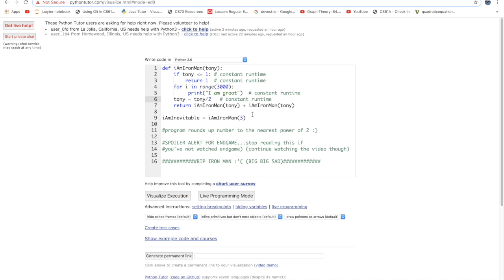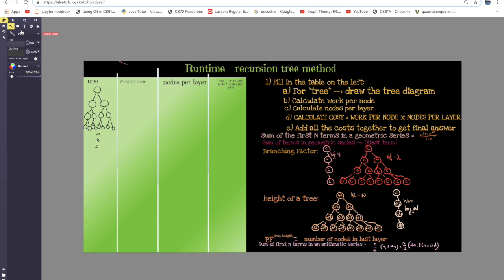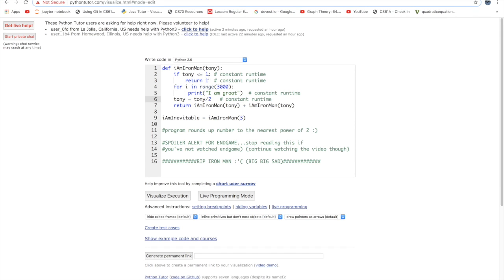So I guess an important thing to make note of in our tree diagram would have been the input parameter. So we could write the input parameter inside the circle. We're going to pass in n first, and every execution, n is going to be halved, and then we're going to call our next recursive algorithm.